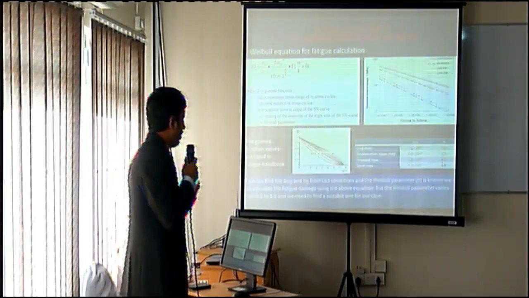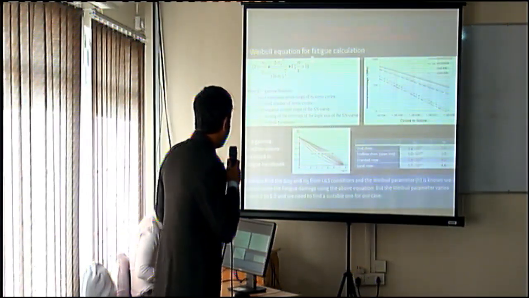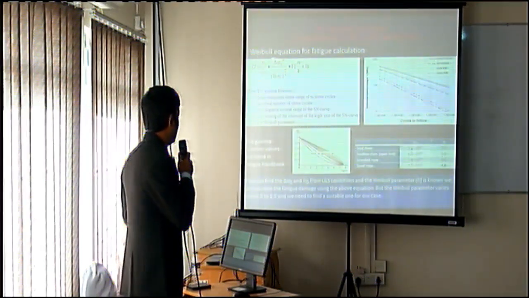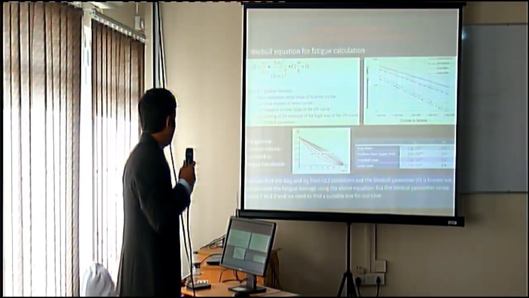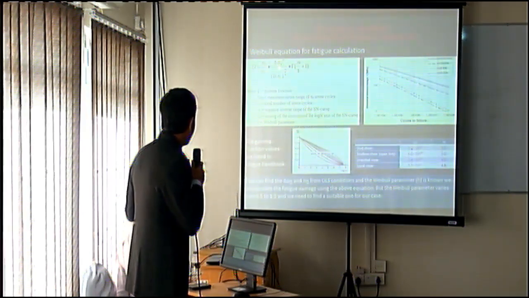Okay, so here is the method I tried to propose. It's actually a modified version of the Weibull approach. In the Weibull equation for fatigue damage, we see this equation.